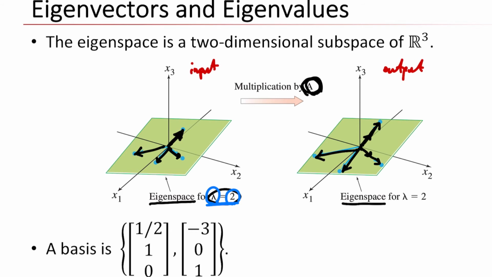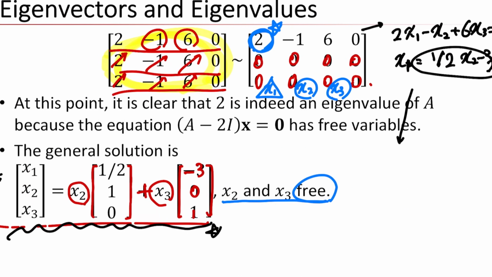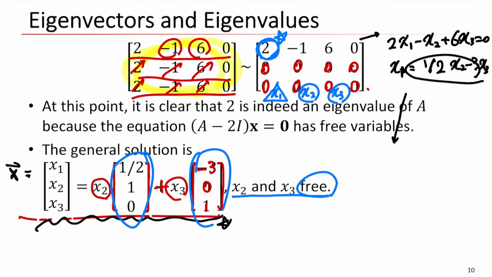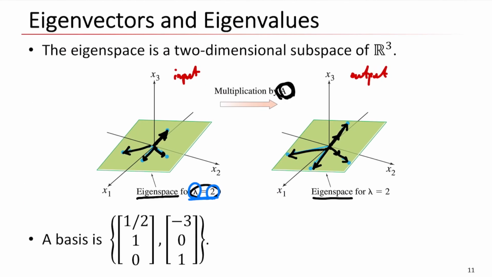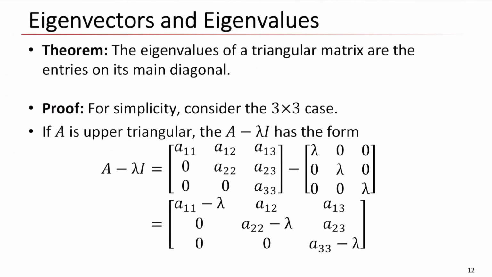And this eigenspace is determined by basis vectors, so this one and this one are the basis. The basis for the eigenspace is something like this. Okay, so these are the eigenvectors and eigenvalues.